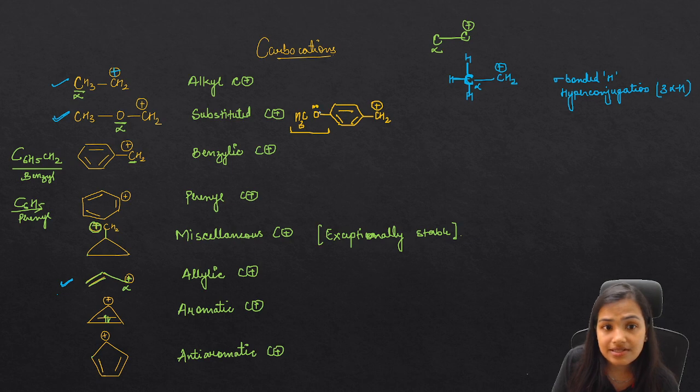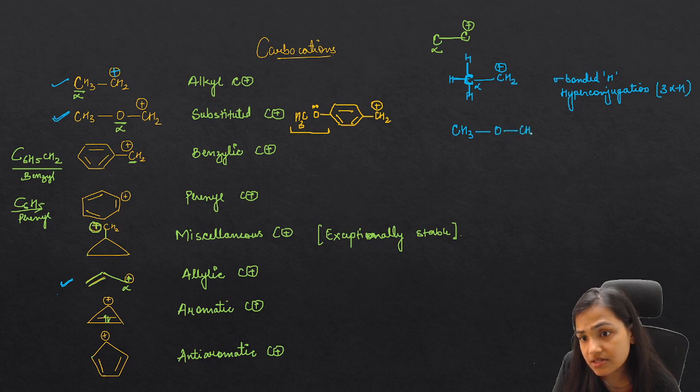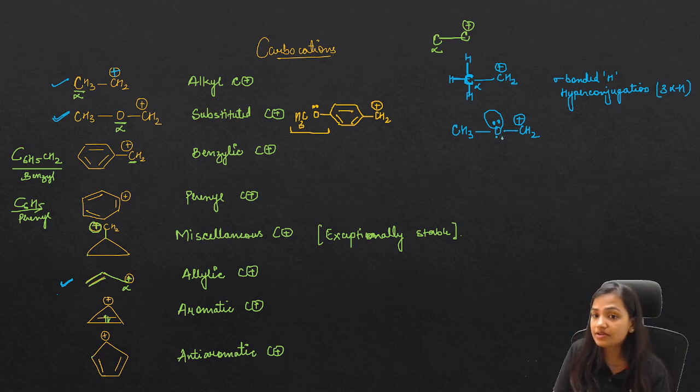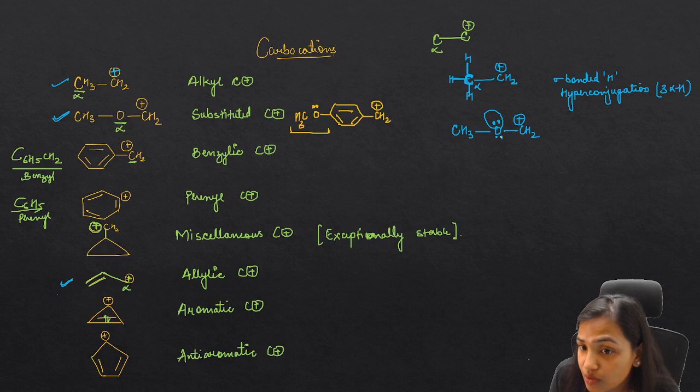Now you will see example number 2. The example I have picked is CH2 positive, and over the oxygen I have a lone pair. You know oxygen has a lone pair of electrons. If you see the valence shell electrons over the oxygen, there are 6 electrons: 2 are in bonding and 2 are lone pairs.